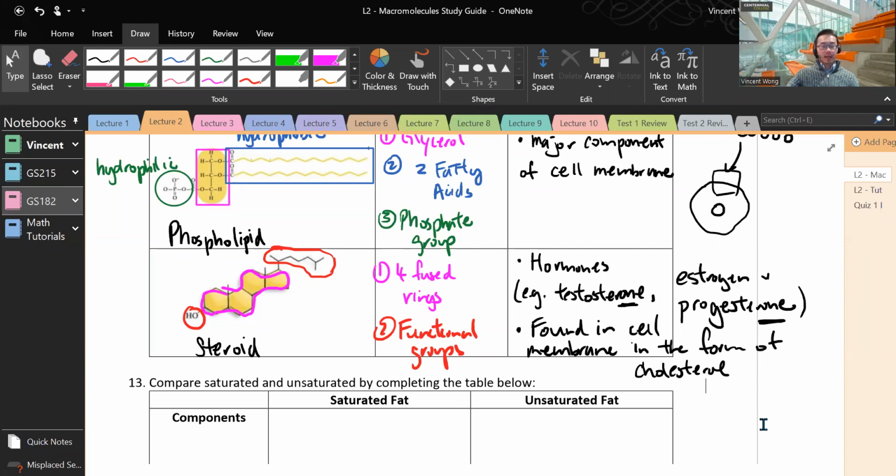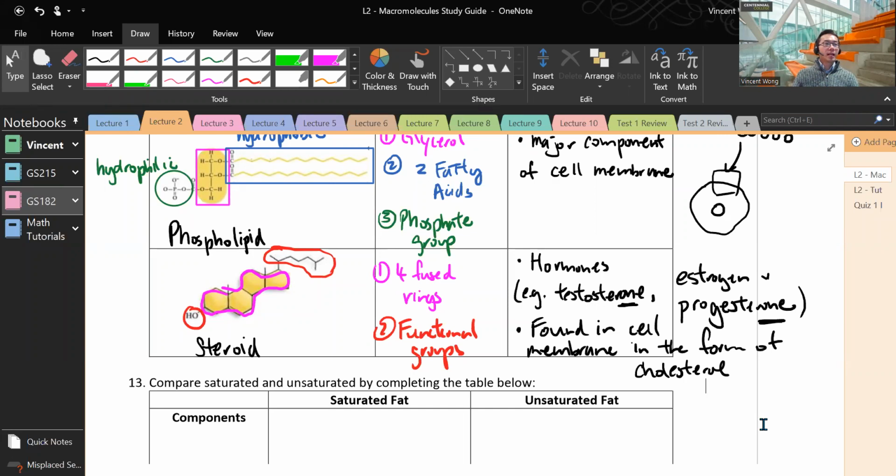Severe allergies, yeah, could be. Inflammation, right? Steroids can suppress your immune system and therefore lower the inflammation. If you have a little bit of acne outbreak or something, you can put some steroid cream on, right? That's cortisone. That causes the inflammation to go away, right? So that's one example.